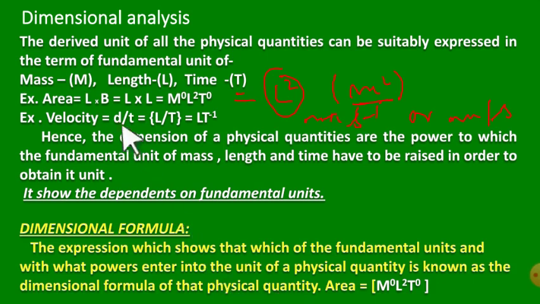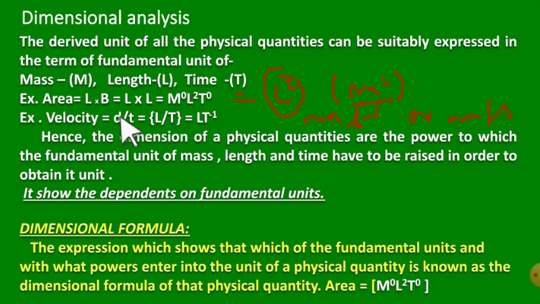Now, which of the fundamental units are coming up? It may be mass, length, time, thermodynamic temperature, or ampere, or mole, the amount of substance, or luminous intensity, depending upon the particular subject or topic. But in mechanics we require only mass, length and time, so we generally express it in terms of mass, length, time.